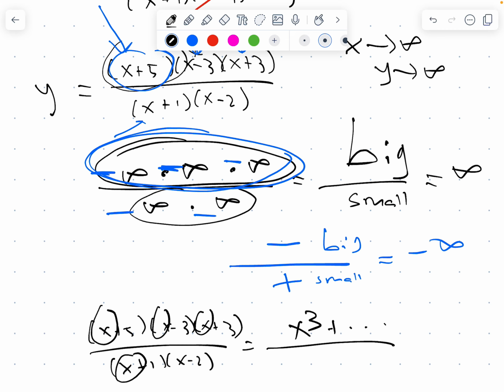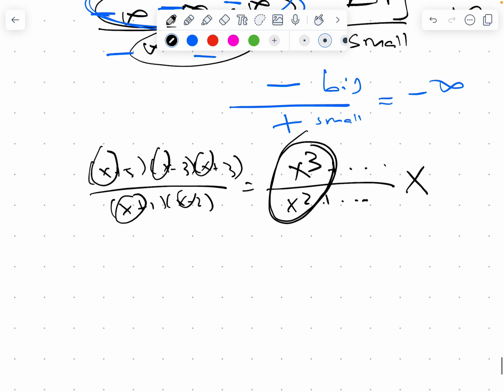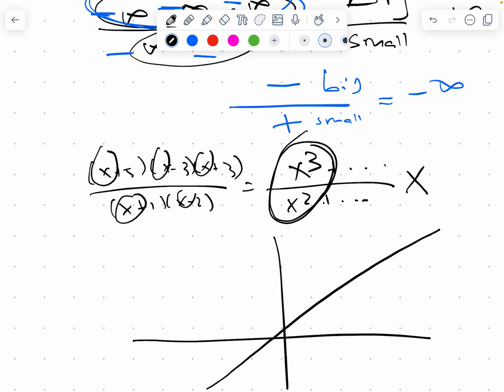On the bottom, x times x becomes x squared plus some other stuff. And when I divide, the only ones that really matter in the long run are x cubed over x squared, which is x. Now think about the end behavior of x. When I graph x, as I approach infinity, I'm at positive infinity. As I approach negative infinity, I get to negative infinity. So its end behavior will be the same as this.